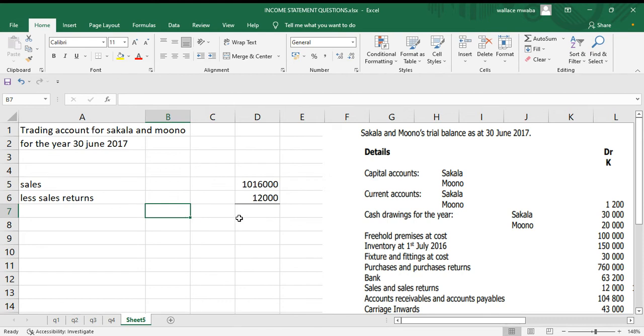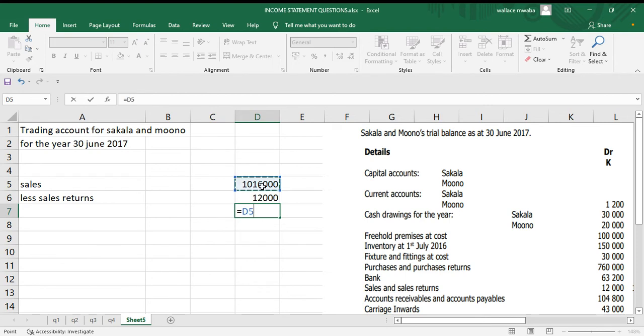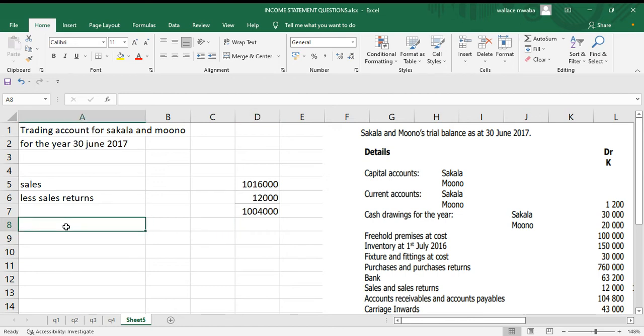All right, so I'm going to say 1,016,000 minus 12,000, right? So turnover is 1,004,000, all right? Right now, we're going to focus on the cost of sales.